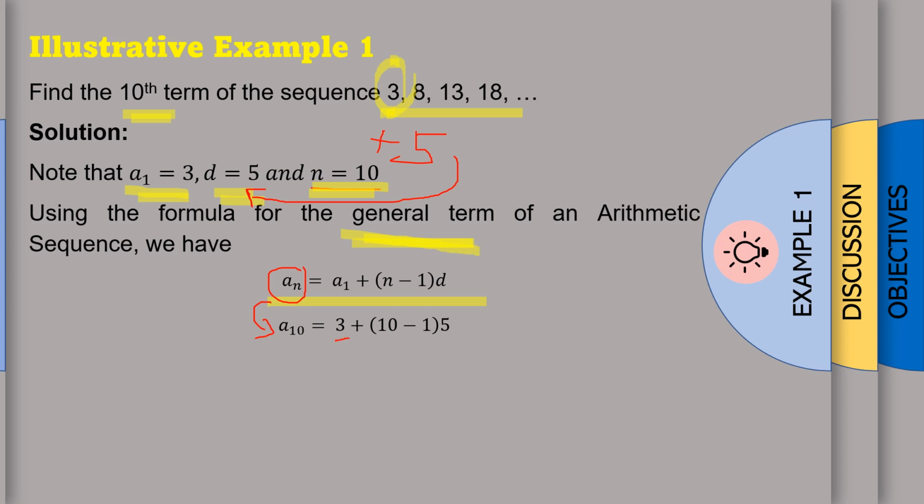Ayan, identify natin. And then, our n again is 10. Tapos, fix yung minus 1 natin dyan. Constant yan sa ating formula. And then, ang last variable natin is yung d. That is the common difference. Ito yung fixed number na nakikita natin na ina-add sa ating given sequence. So, nakuha natin siya as 5.